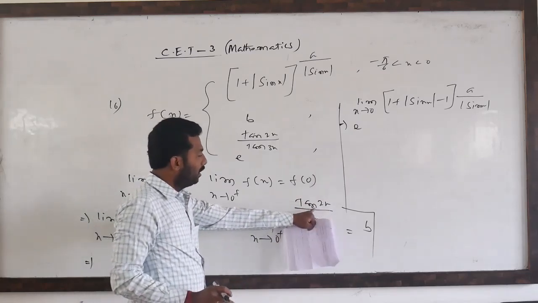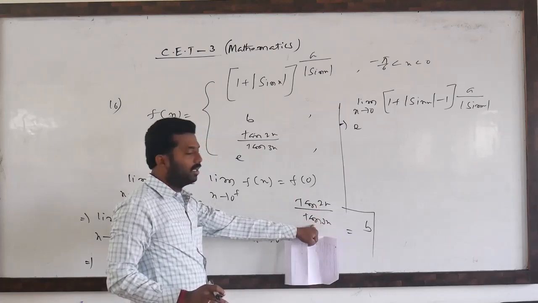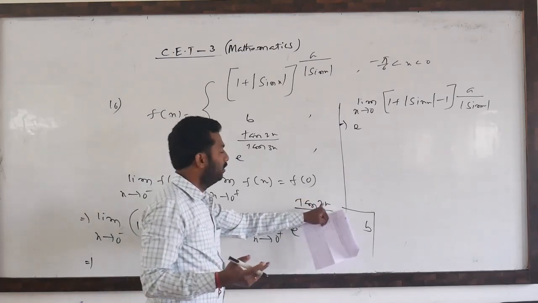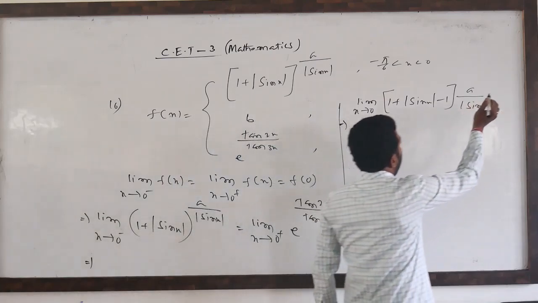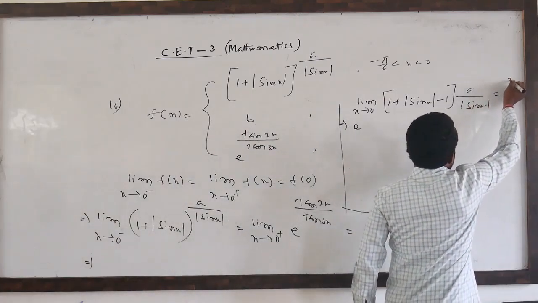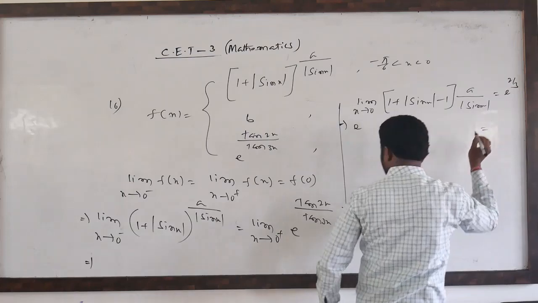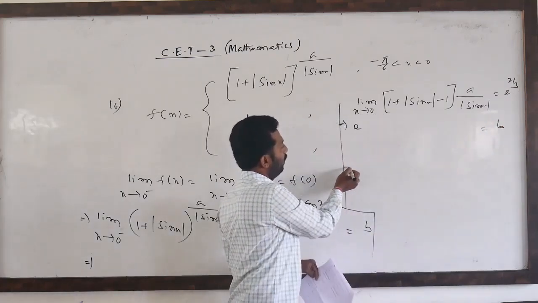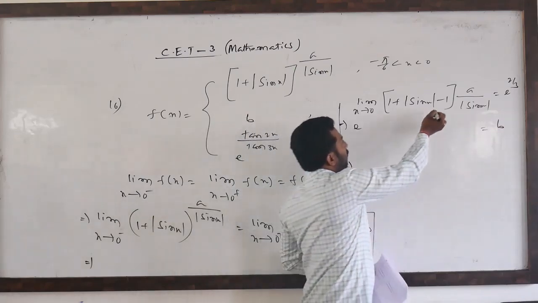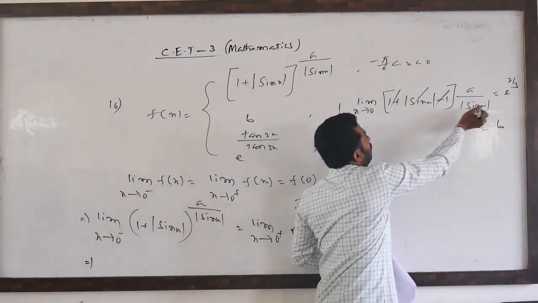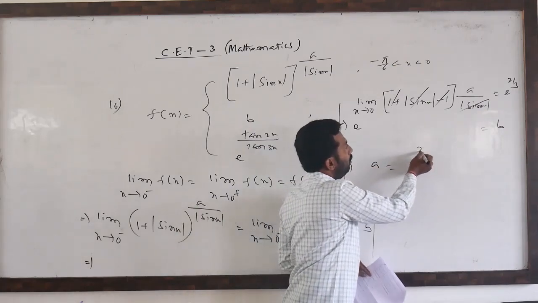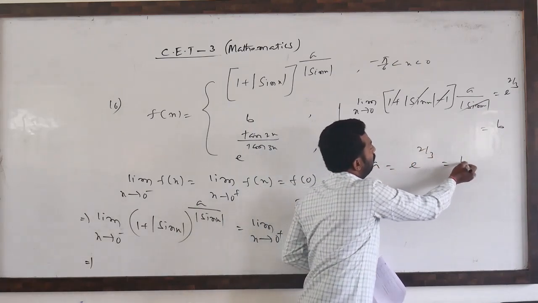The numerator divided by x and the denominator divided by x means tan 2x by x and tan 3x by x. This is 2, this is 3. So this is e to the power 2 by 3 equal to f of 0, nothing but b. Very clear. The minus 1 and plus 1 cancel, modulus of sin x cancels. So e to the power a equal to e to the power 2 by 3 equal to b.